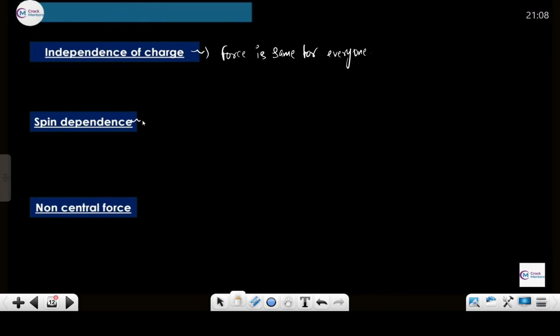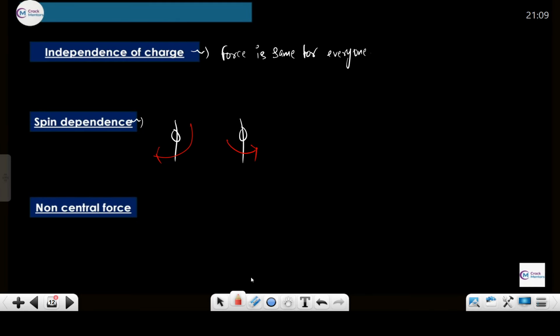Spin dependence. Yes, it is basically spin dependent. As we know, an electron possesses two kinds of spin: one in the clockwise direction, and another spin associated with the electron in the anti-clockwise direction.